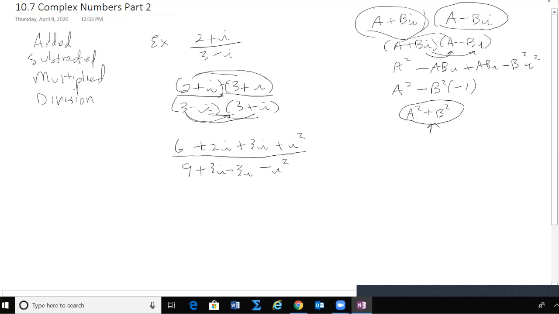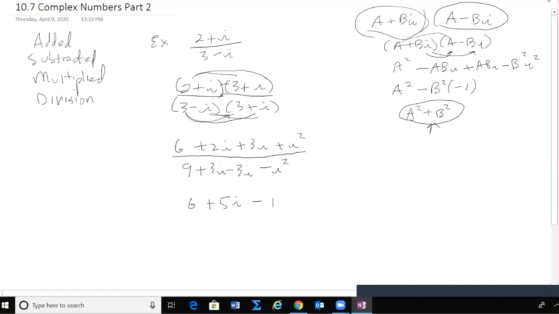So let's simplify the numerator, which is 6 plus 5i minus 1, because we got an i squared, which is a minus 1.